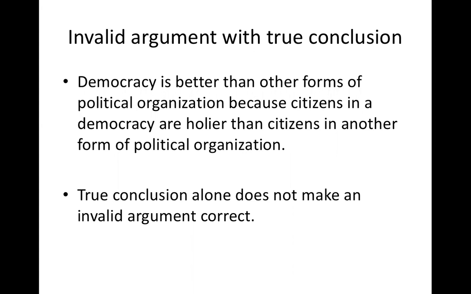After that you have the premise: because citizens in a democracy are holier than citizens in another form of political organization. So this single sentence contains both conclusion and premise, and the conclusion comes before the premise.